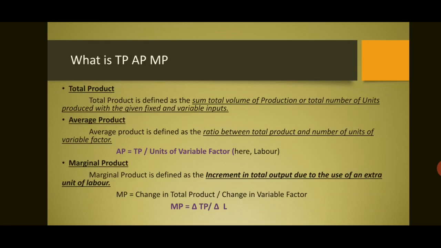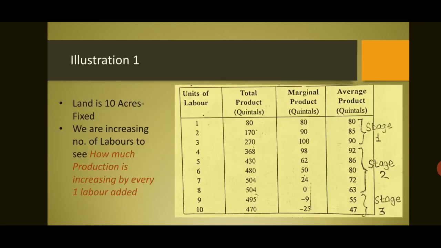Okay. So formula is change in total product, as we have seen, divided by change in variable factor. Here we saw that change in total product.